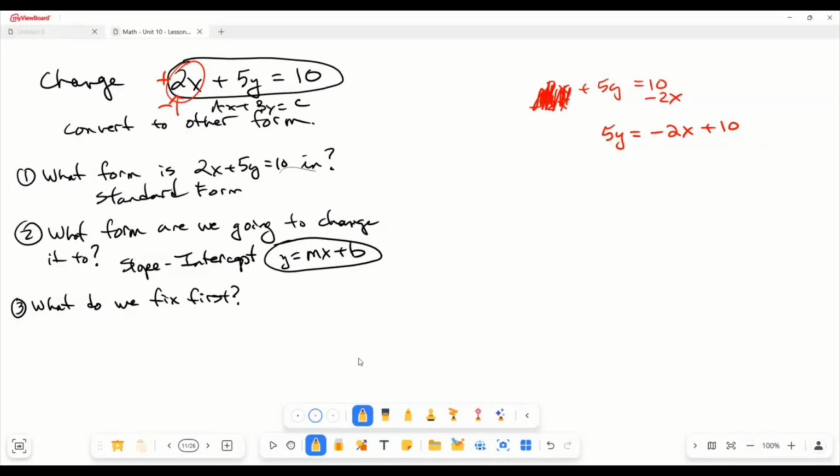So if the problem is given to you as 7x plus 3y equals 11, I'm going to subtract 7x. If the problem is 9x plus 2y equals 15, I'm going to subtract 9x. Every single problem, because you've got to get rid of that x on the left and get it over there on the right. And because if it's in standard form, the x term should already be positive, you're going to have to subtract it.